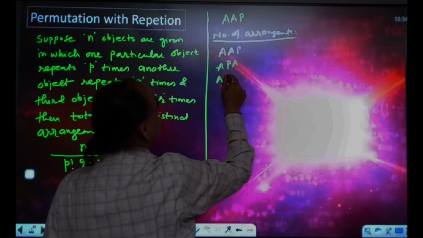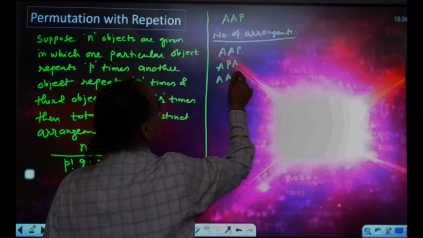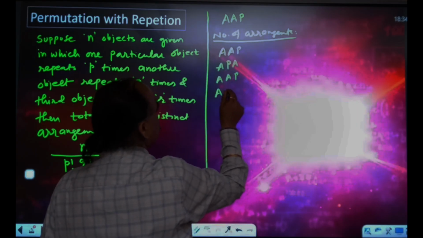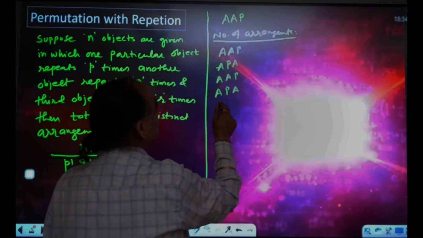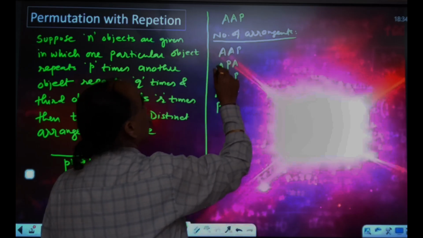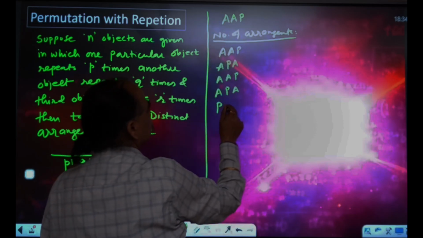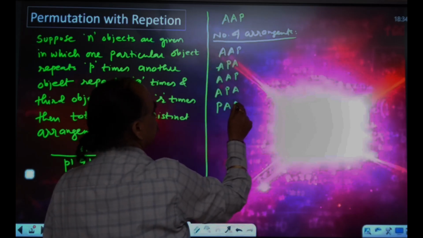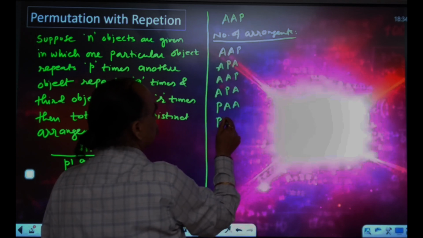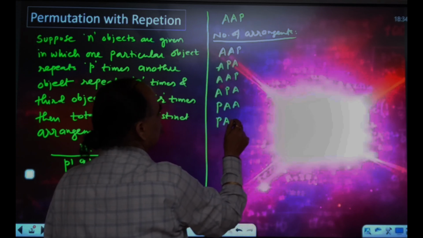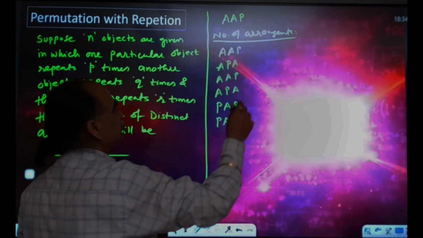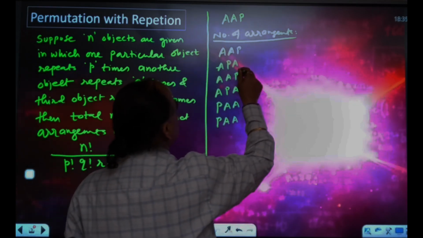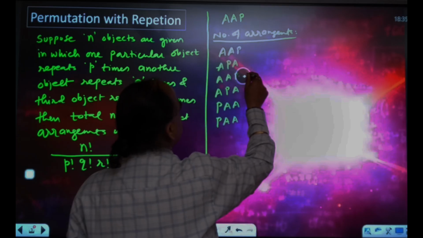First and third will arrange A, interchange them, PA. Now first we write P. The two A's, first A, second A, second A, first A. If you see, this is AAP, again AAP.